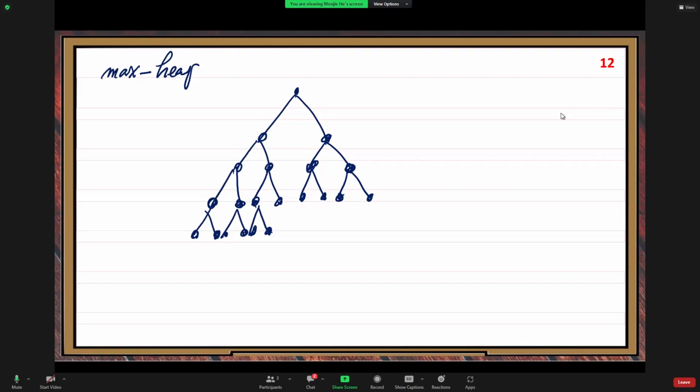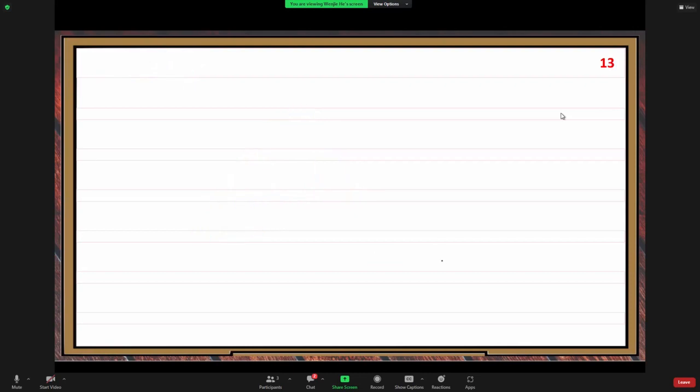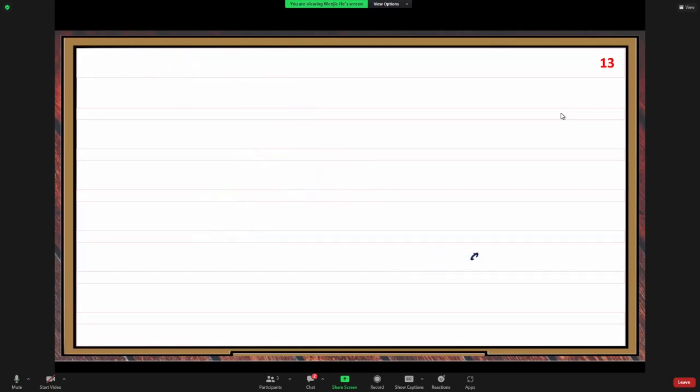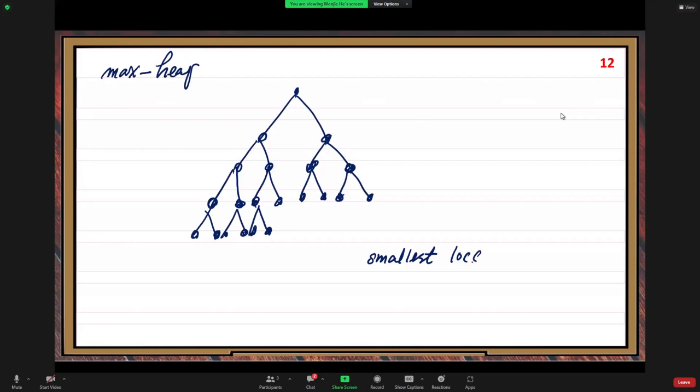We want to find the location of the minimum. The smallest index for the minimum. So we want to push this location as early as possible.